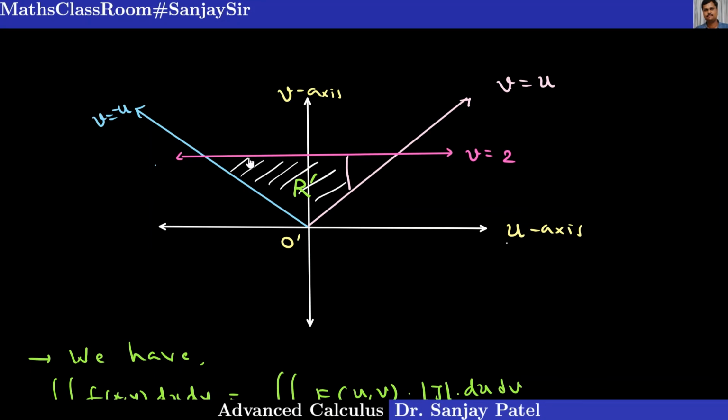But if I take a strip over here, then it is lying on this line v equal to minus u, and here it is lying on the line v equal to 2. That is, for different positions of these vertical strips in the region of integration, the end curves are changing.